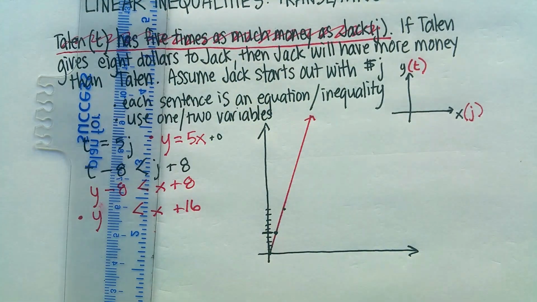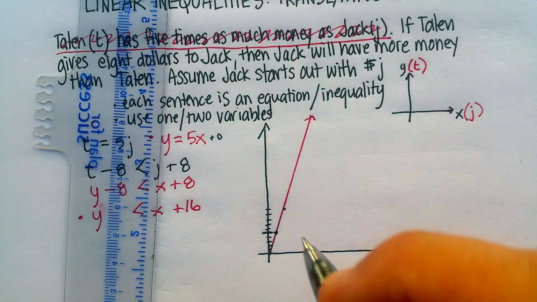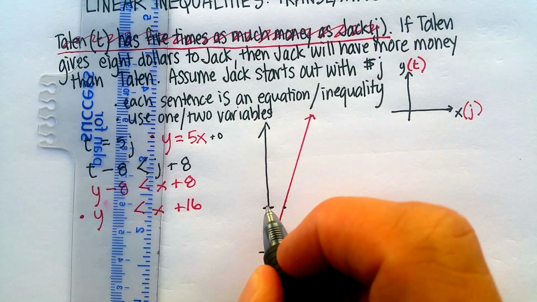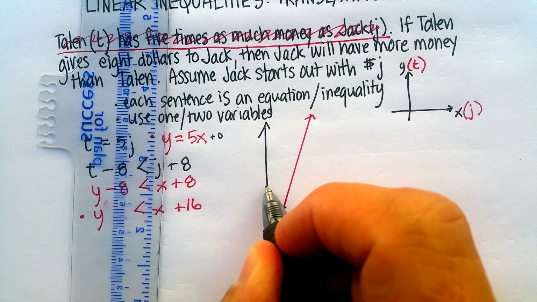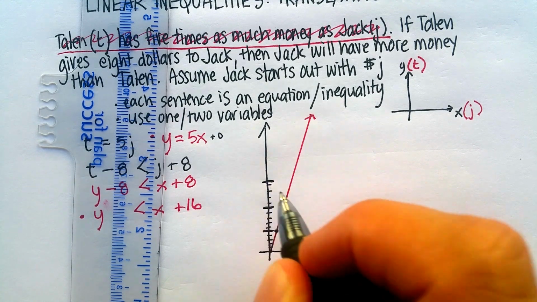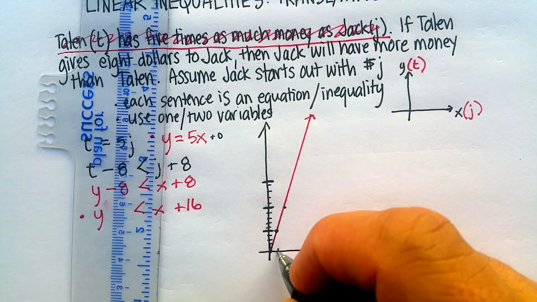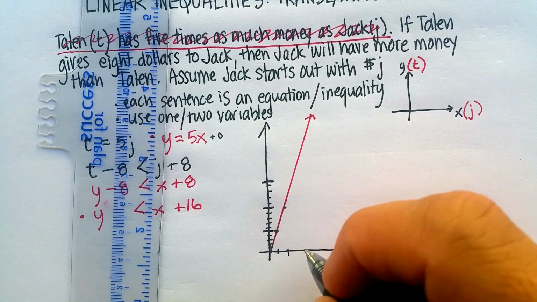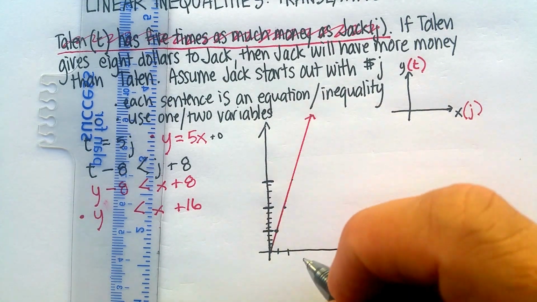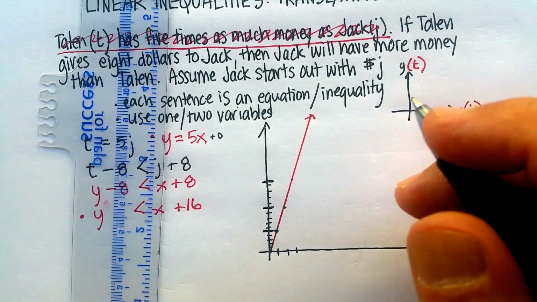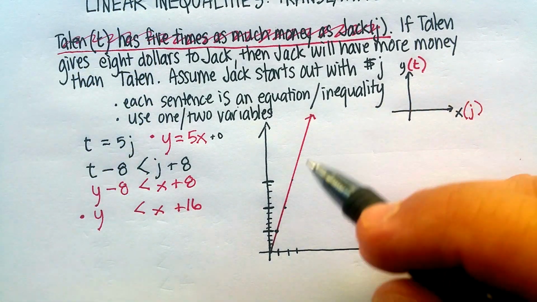Now if I did that carefully enough, let me just do another set here and I'll show you why. 1, 2, 3, 4, 5. And that would be the 1. That would be the 2. This would be 3. Let's see if that makes some sense.